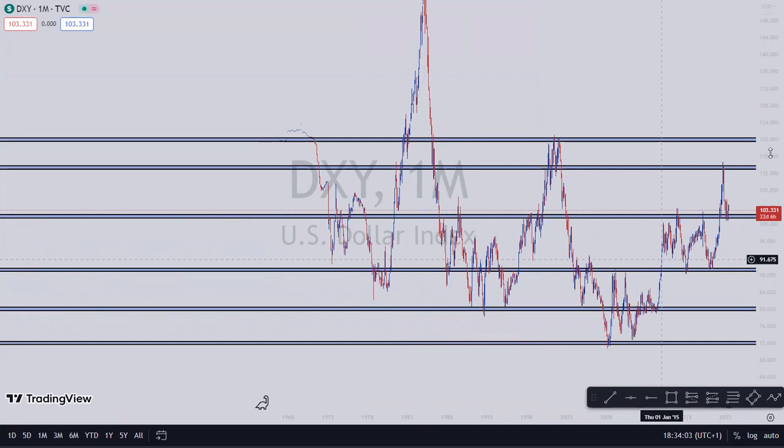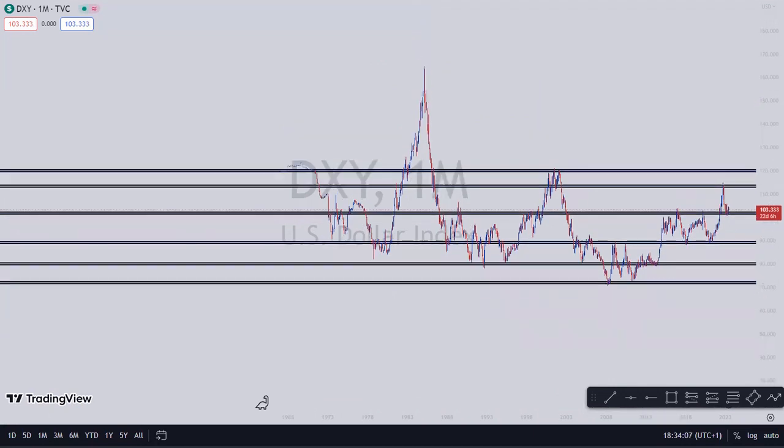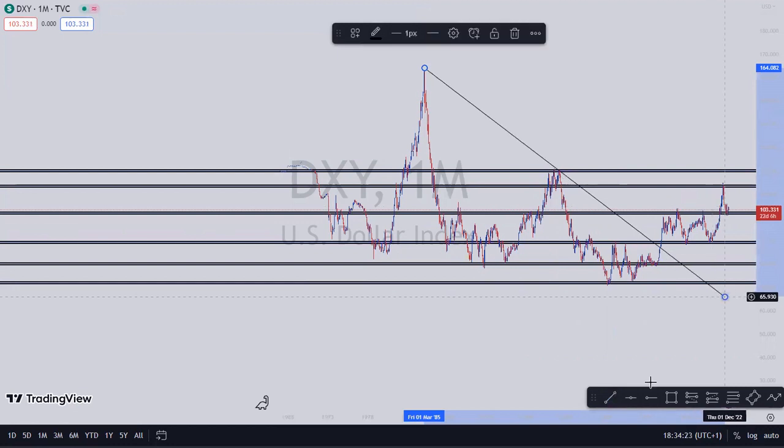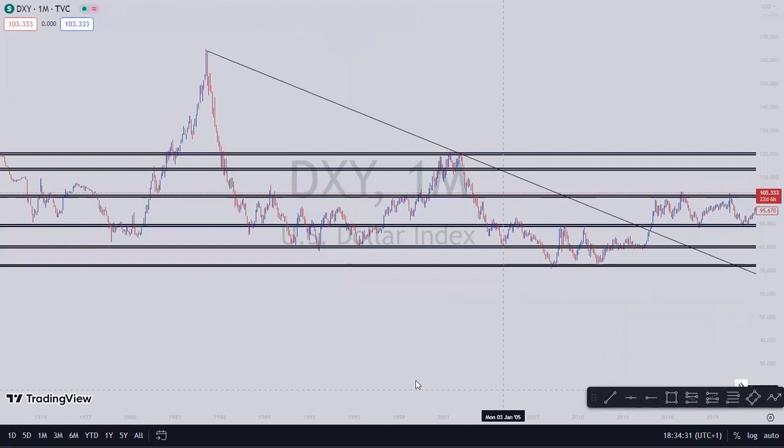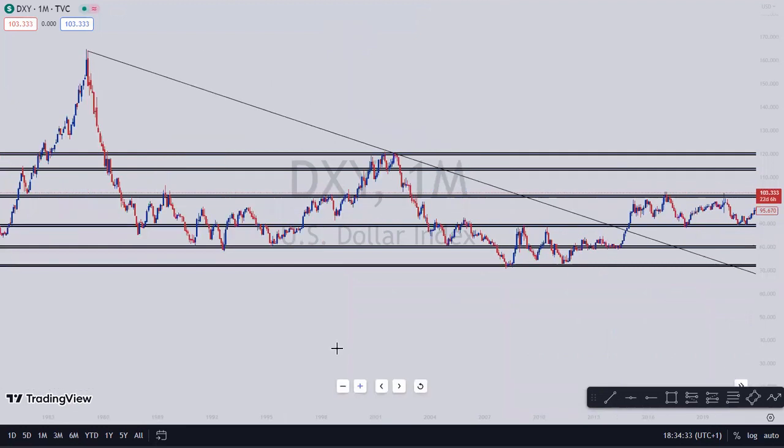Okay, this is the flow of the market. Let me just be objective about it. This is the most obvious trend line you're going to see here on the monthly time frame. We are just trying to determine the direction of the market. So this is a trend line we spotted.